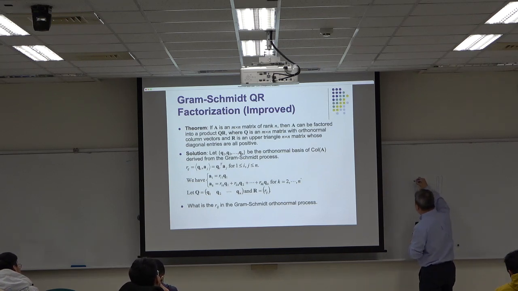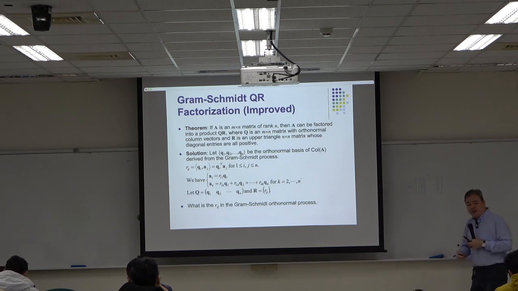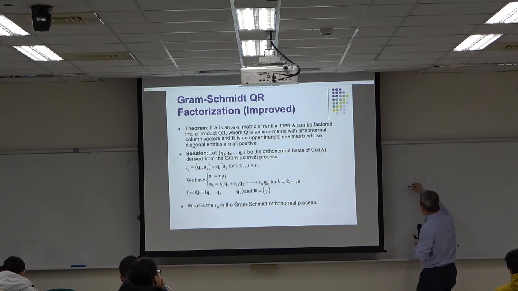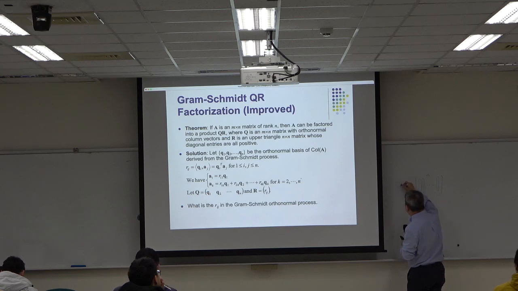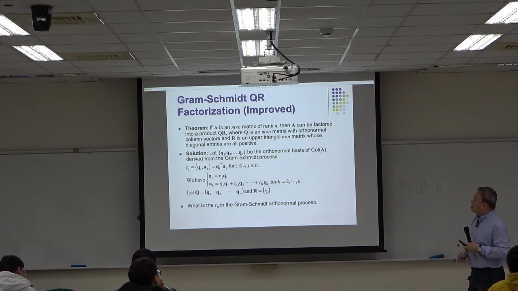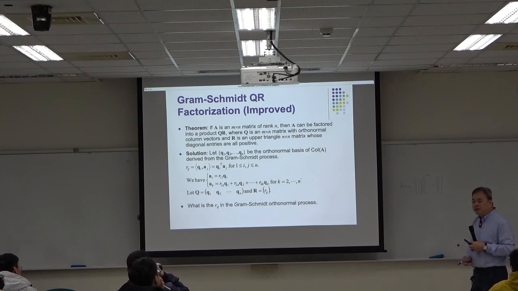We have n columns. This is the original matrix, this is A. And here I'm telling you, this is rank n, right?